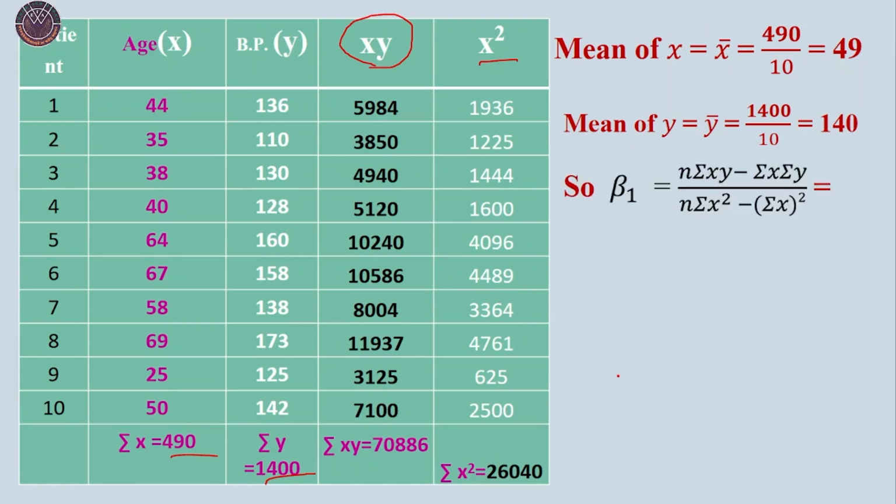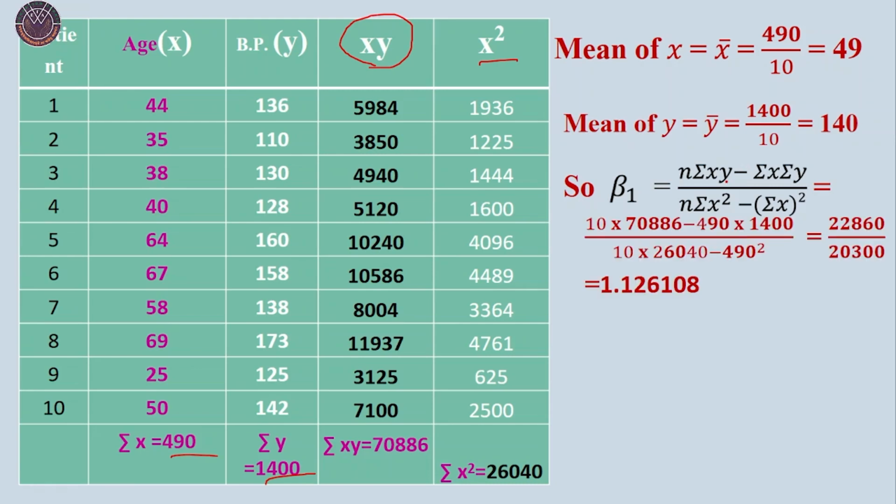We will get the value of beta 1 by using this equation. Putting in the values of summation of x, summation of y and so on, substituting from this particular table and these equations, we get beta 1 as 1.126108.